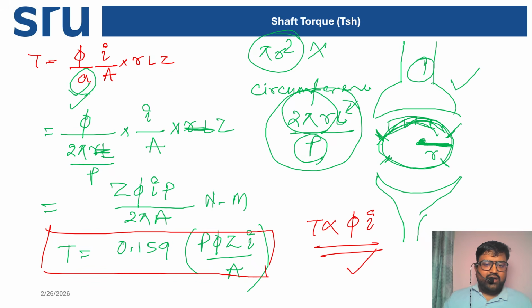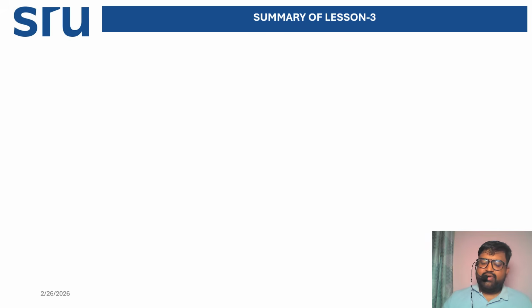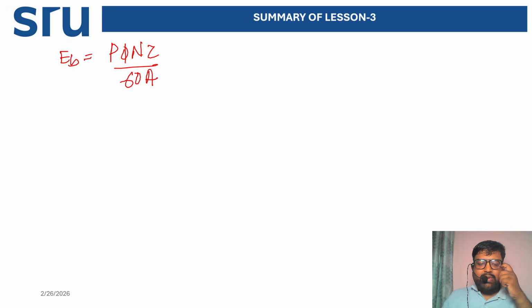Till now you just understand this one, right? Now the point is, what is the formula of the back EMF? We already know that in the generator case, the generator EMF is P phi N Z by 60A. And similarly, here also the back EMF is the same.